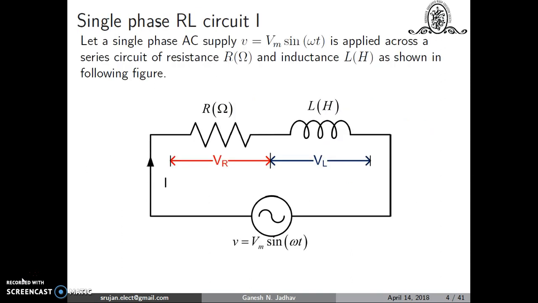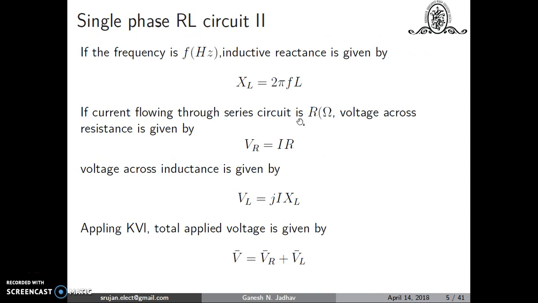So let us understand first resistance and inductance which are connected in series, that is single phase RL circuit. Let a single phase AC supply which is given by V is equal to Vm sin omega t be applied across a series circuit of resistance R ohm and inductance of L Henry as shown in the figure.